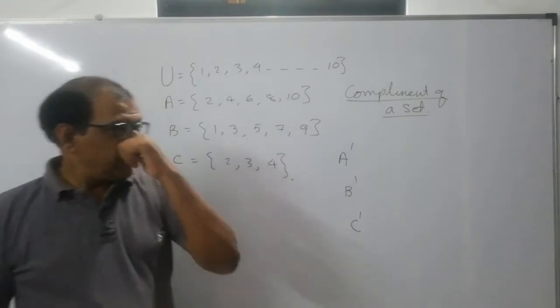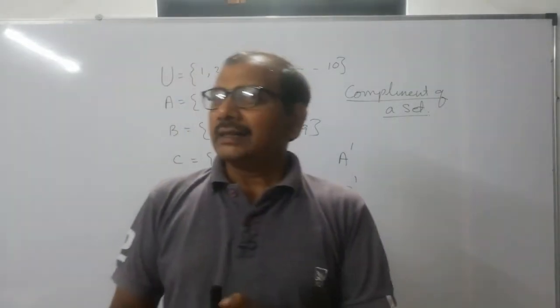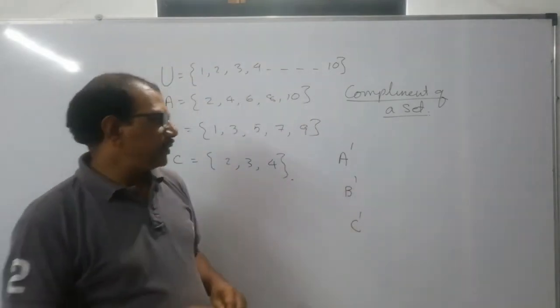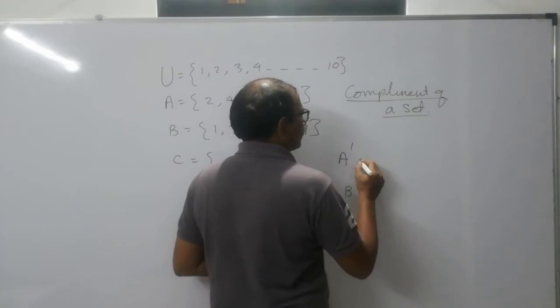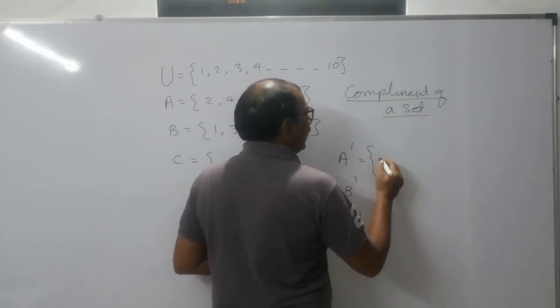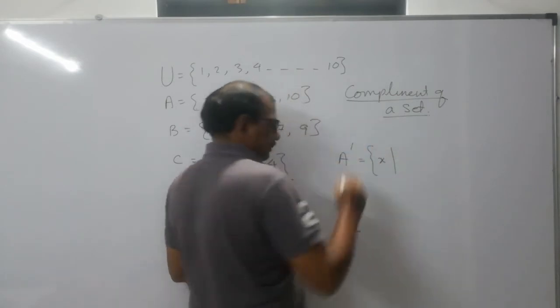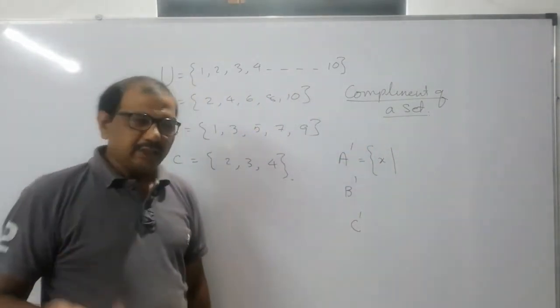Getting the point? First, if we understand the definition well, then this operation is very simple. So I just put the definition in rule form. A complement is a set of all x such that, meaning what is A complement? Once again it is a set. Set of what?